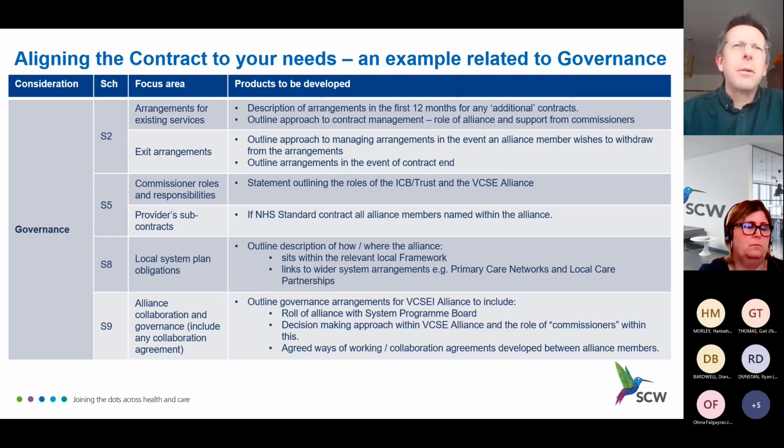And again, there's a model contract that was written back in about 2017 for alliance arrangements, and this was when the thought of multilateral community providers and ACPs, acute and community providers, were first conceived, and it was thought that there would be these alliance contracts left, right, and centre.